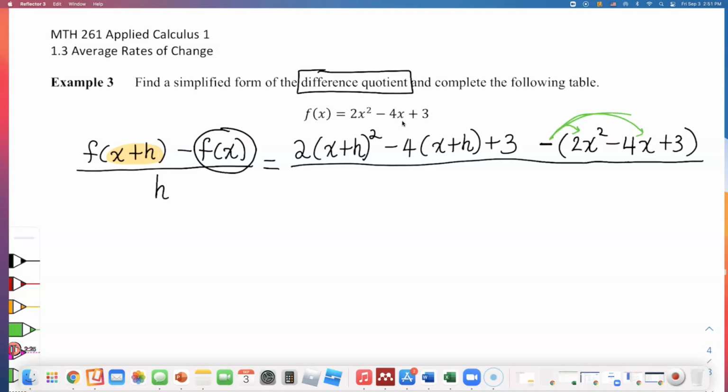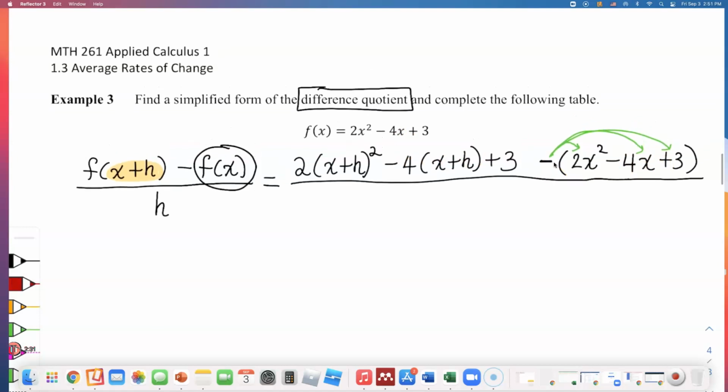So we have to change the sign of this trinomial before we combine some like terms. Remember we talked about, note that (x plus h) squared is x squared plus 2xh plus h squared.